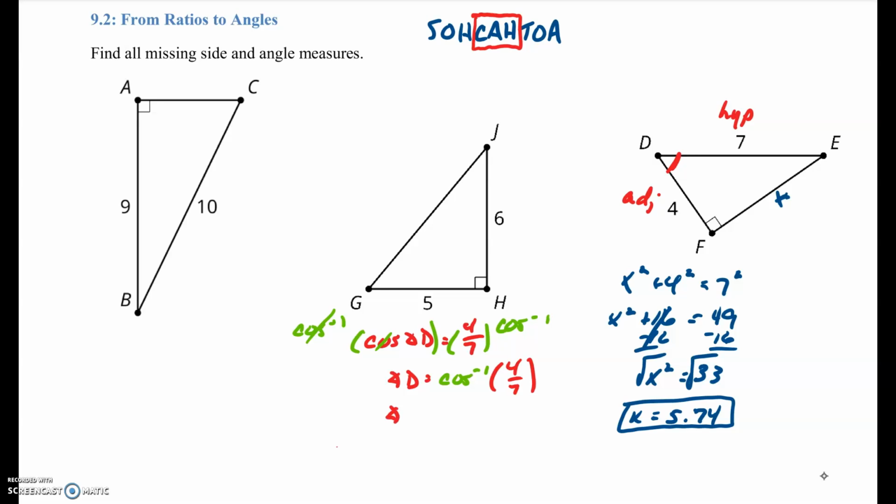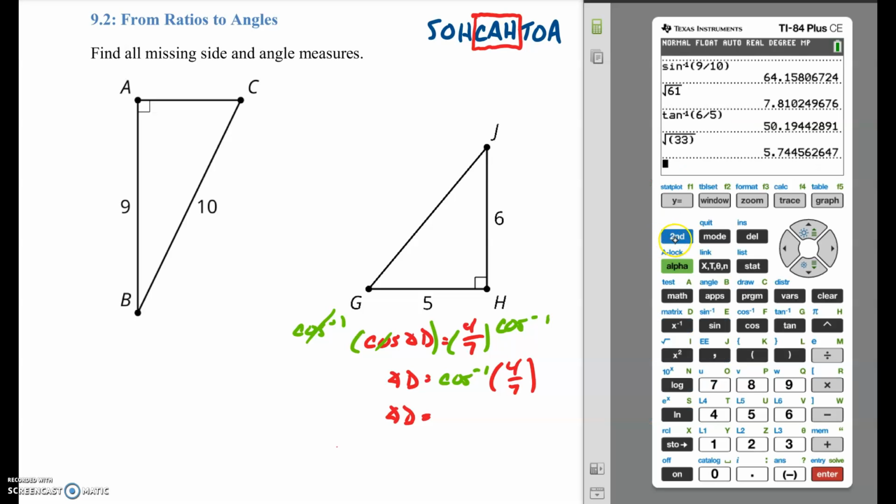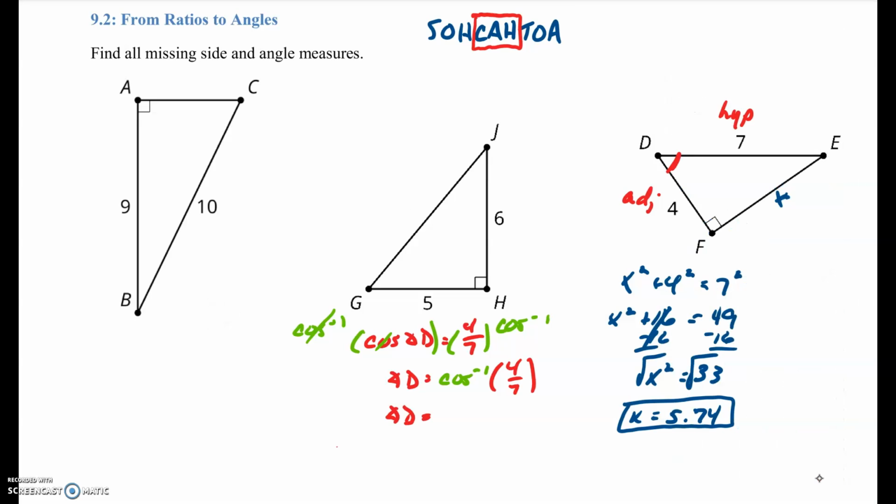Now I can use my calculator, and I find the arc cosine of 4/7. And I get 55 degrees. So the measure of angle D is 55 degrees.